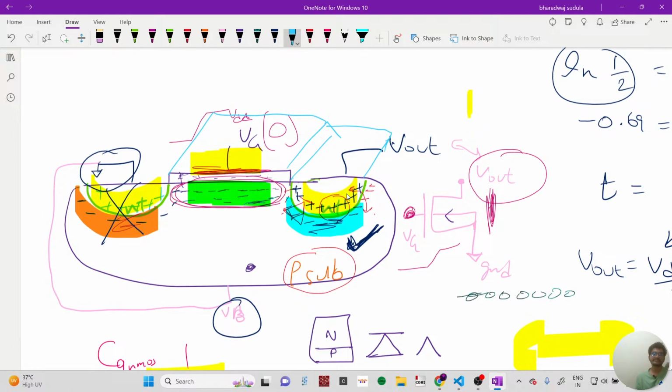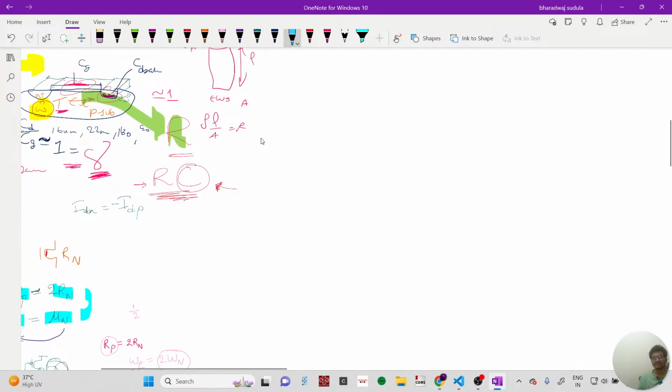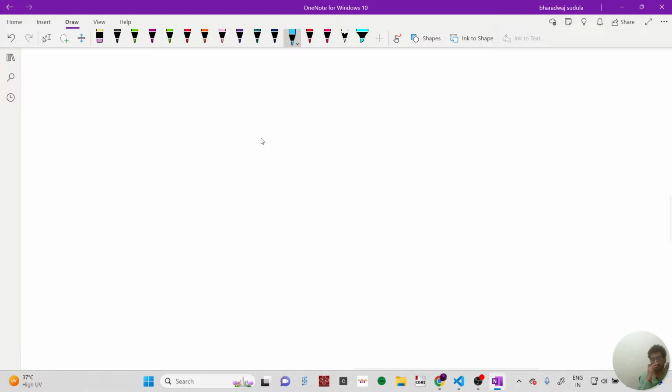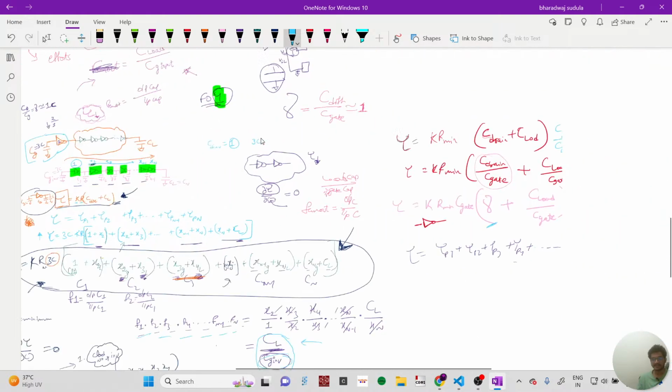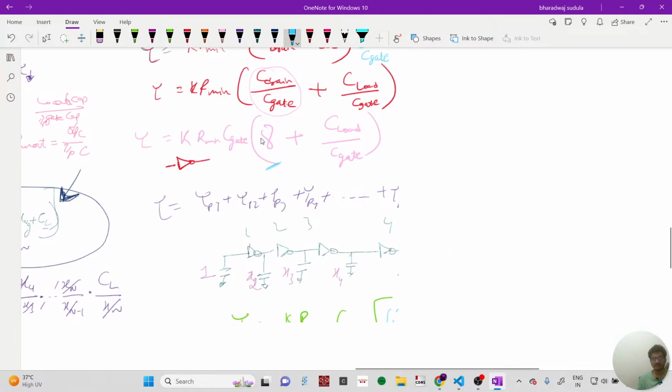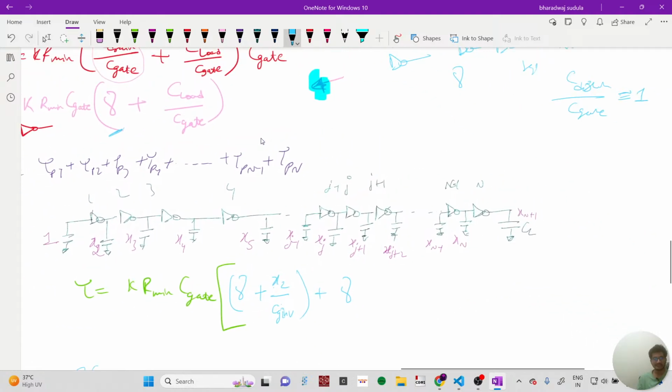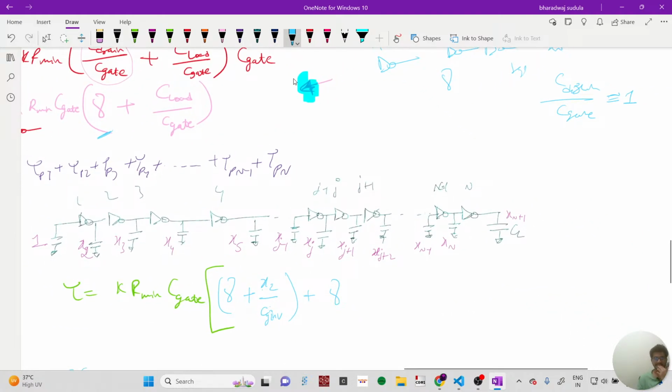The width of the diffusion is also increasing, so the capacitance of the diffusion drain increases as much as the gate increases, right? So there is no change in gamma. Gamma is just the ratio of drain cap to gate cap, so gamma remains the same for every stage, every gate.